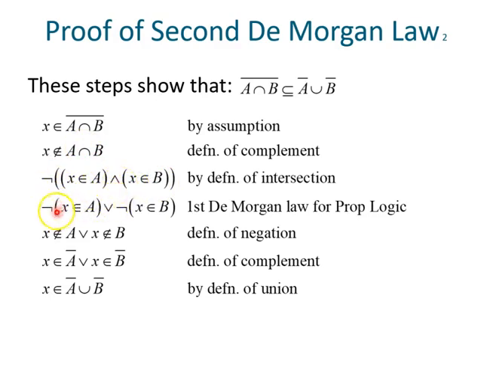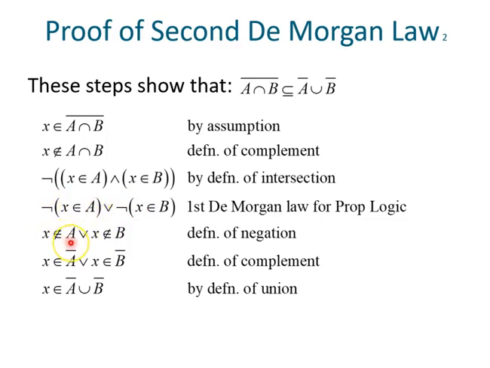Now we can use the De Morgan law for propositional logic. Negation of conjunction of two propositions is equivalent to disjunction of negated propositions. But what is the negation of x belongs to A?